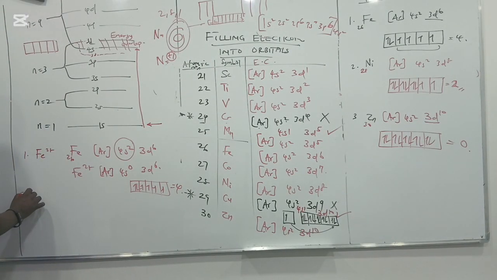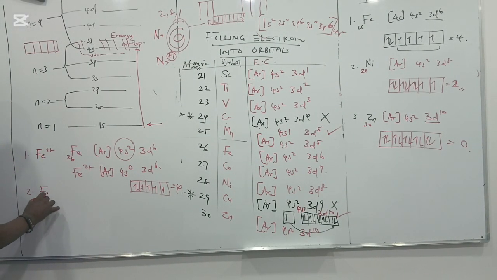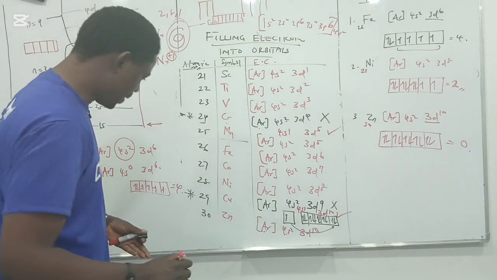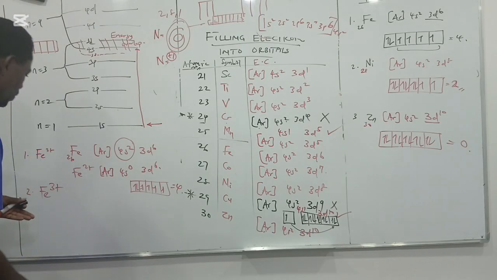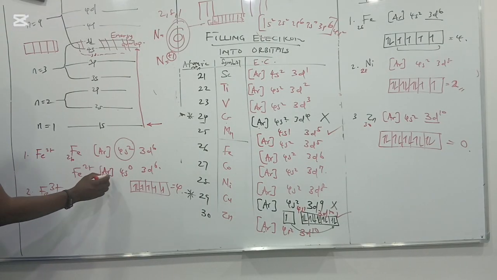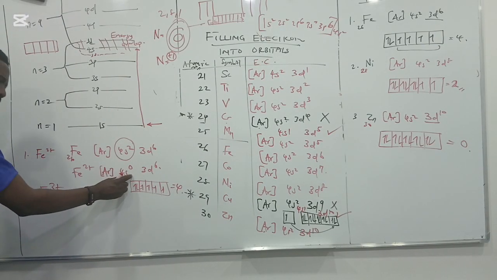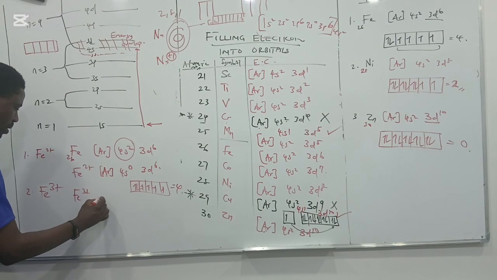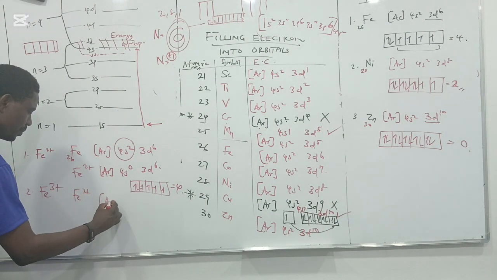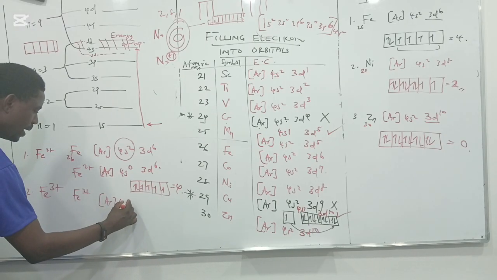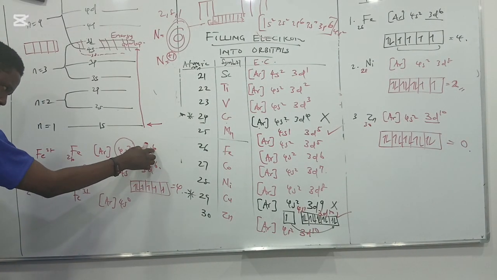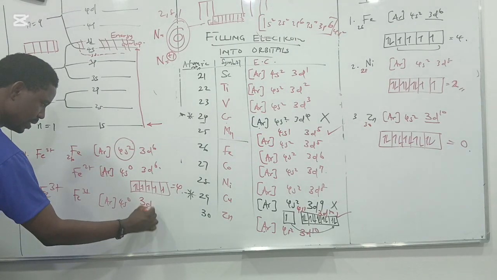So let's say number 2 is Fe3+. As you know, these transition metals have variable oxidation states, and that is Fe3+ we have. So how will you do that? You are losing 2 electrons first from 4s. So Fe3+ will be argon, can you see, 4s0. We have lost these 2 electrons. Then we now lose 1 electron from the 3d, we become 3d5.